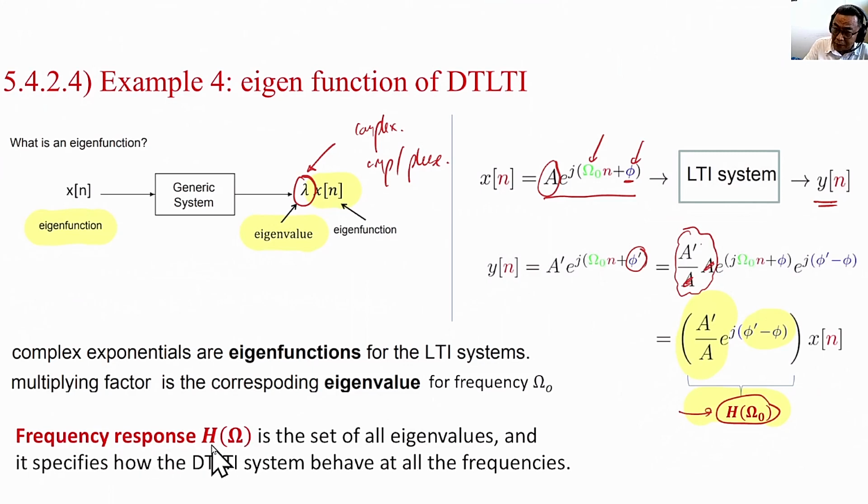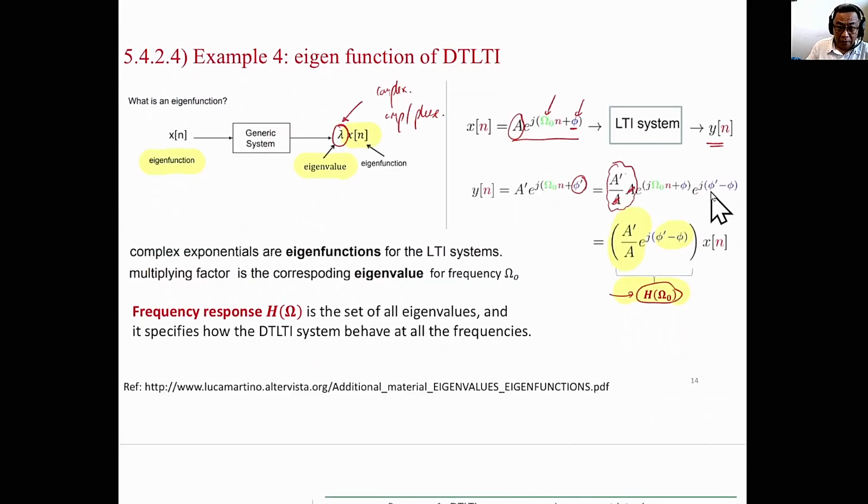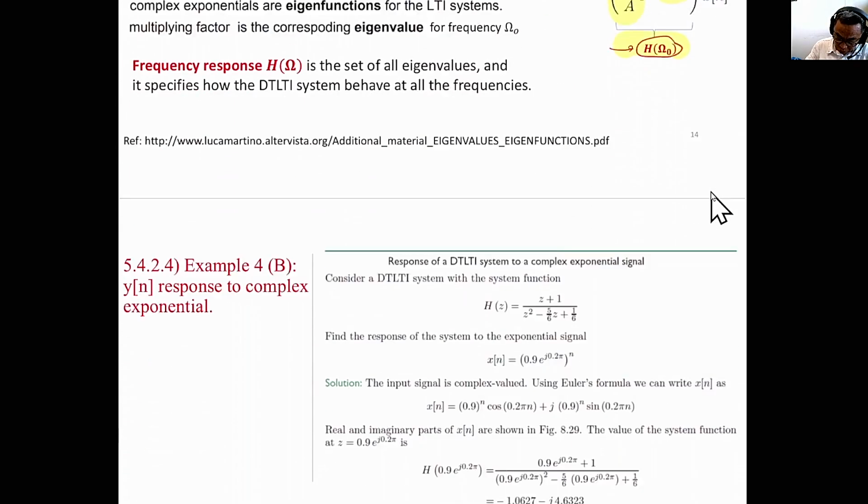The frequency response can be derived from the transfer function by substituting different z's, but in this case only for frequencies. It will tell us how the frequencies of different eigenfunctions will be affected in magnitude and phase when they pass through the LTI system. In the next slide, I will show you an example.